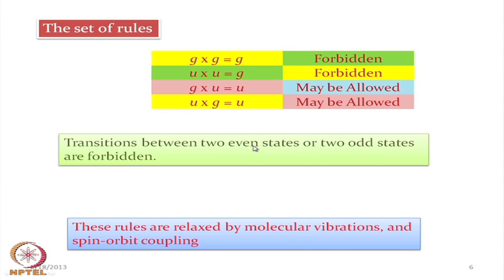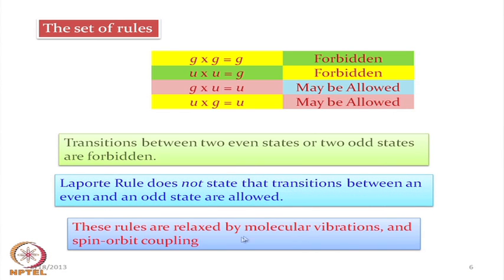So, if the d orbitals are in octahedral symmetry with inversion symmetry, the system is centrosymmetric, and the excited state is also of the same type, then we do not expect any transition from one even state of g type to another even state of g type.